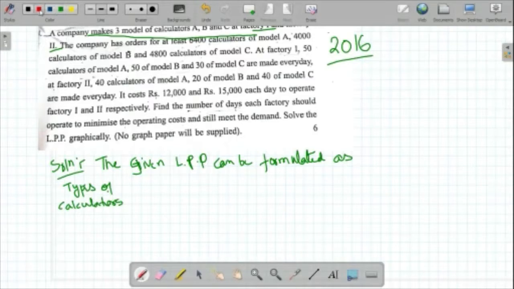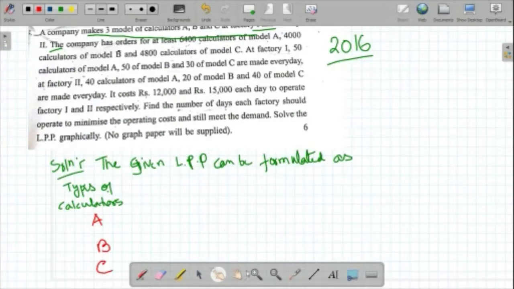What are the types of calculators? We have 2 types, A, another type is B, and C also. A, B, C.